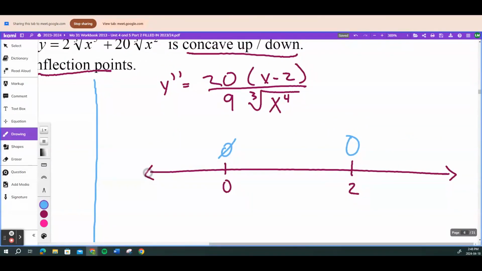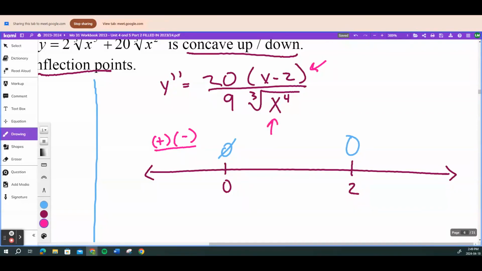Okay, so I'm going to choose some point that's smaller than 0 for this first part here. So let's say -1. 20 is still going to stay the same, so it's still going to be positive, but -1 would cause this factor to be negative.